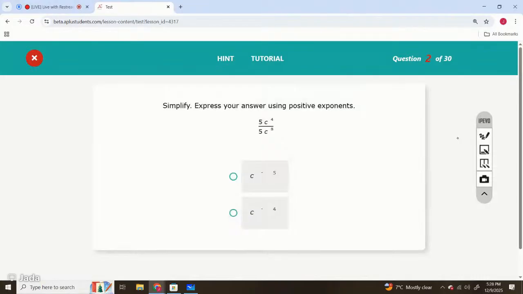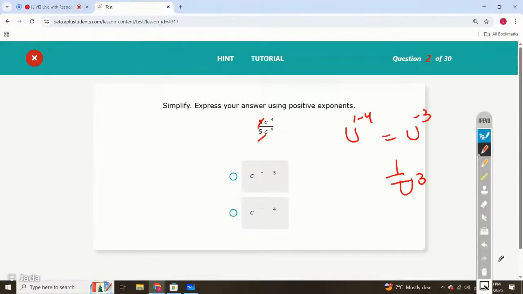5c4 divided by 5c8. So 5 and 5 cancel out, and they have the same base, so their exponents can be subtracted. So that is c exponent negative 4.